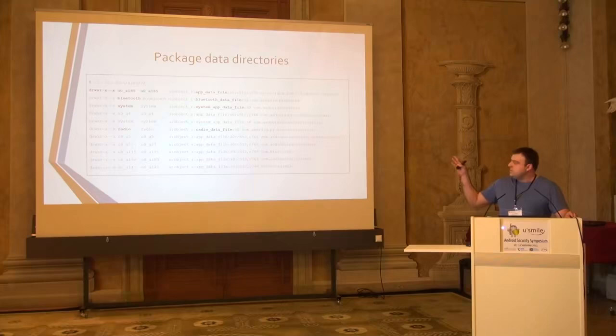In this example, this is for user 0, so you have U0 and A1, A5, and A27 or whatever, which is the application ID. So this effectively achieves part of the application sandboxing, where each application has its own dedicated data directory.